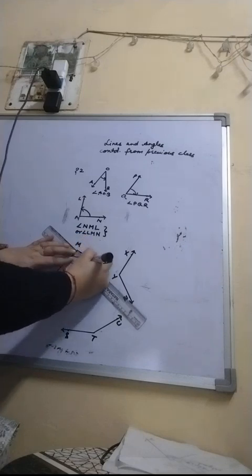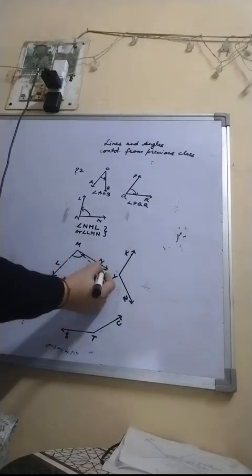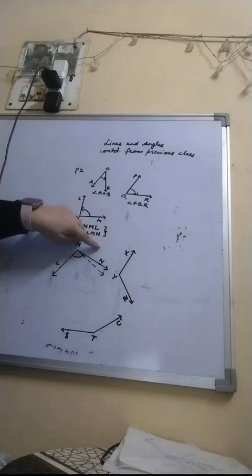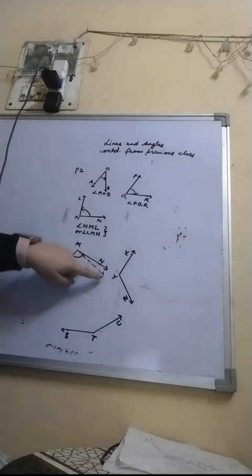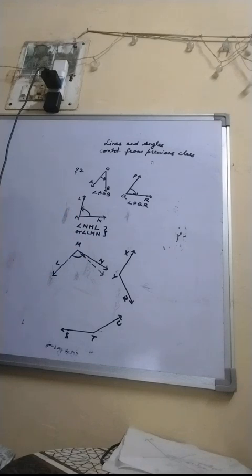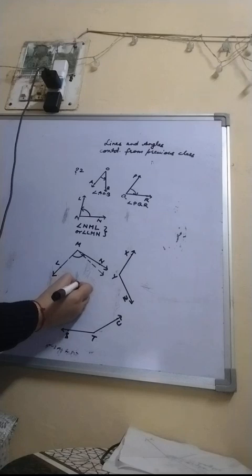So this is my 90-degree. The angle is going after 90-degree. This is the right angle and it is going after it. So this is an obtuse angle. So I would write angle LMN is an obtuse angle.